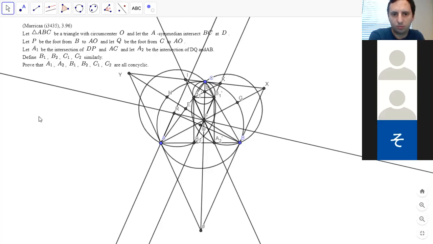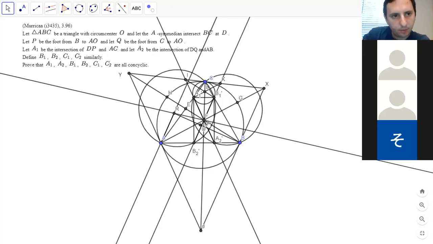Intersection D can be any point on BC. We assume that it is the intersection of the AC median and BC, but D can be any point. And we similarly define A1, A2, and we see that CA1, A2B is cyclic. Okay, you said D can be any point?